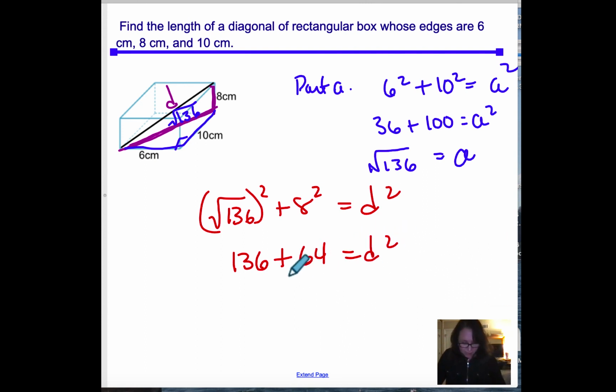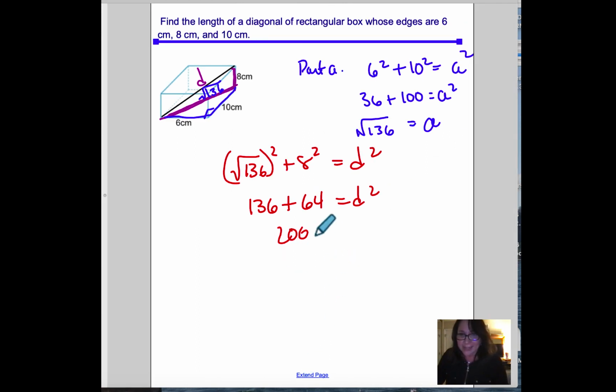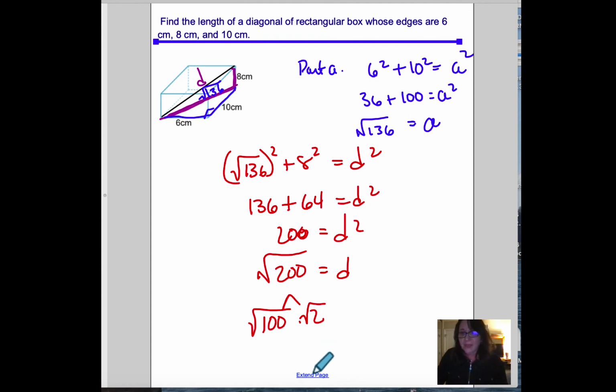And so what is that? 136 plus 64, that's 200, is equal to my diagonal squared. And so my diagonal is equal to the square root of 200. Now, that being said, I know that this is 100 times 2, both in the roots. And the square root of 100 is 10. So my diagonal is going to be 10 root 2. And so that's the length of that.